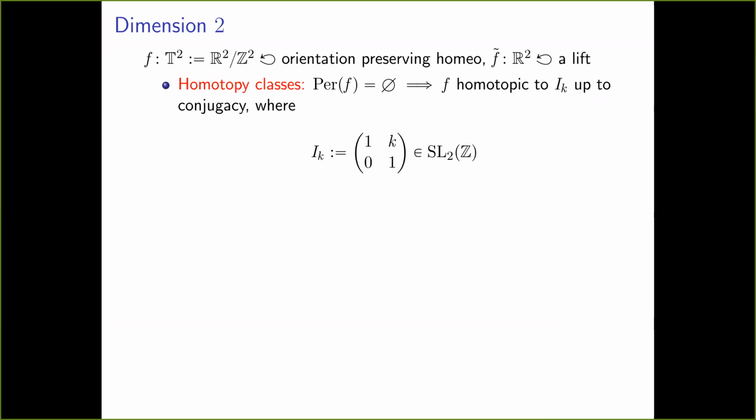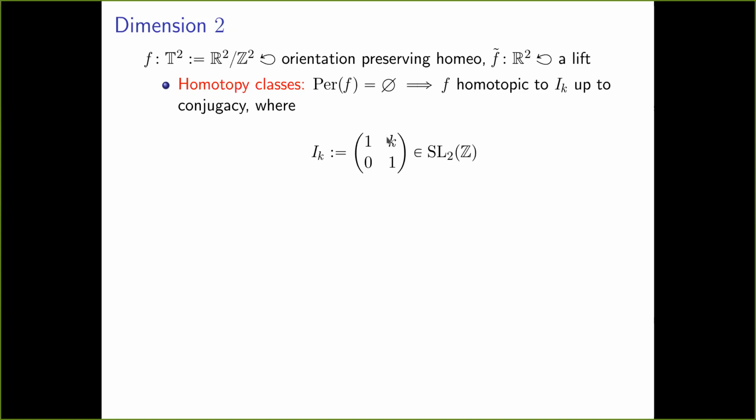From the dynamical point of view, there are only two big classes that you have to distinguish. The case k equals 0, which is the case when your homeomorphism is homotopic to the identity, and the case k different from 0, which is the so-called Dehn twist case, or when f is homotopic to a Dehn twist.